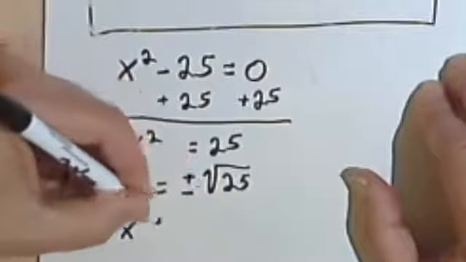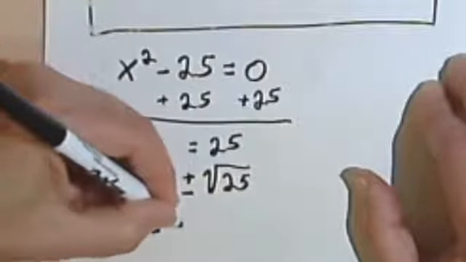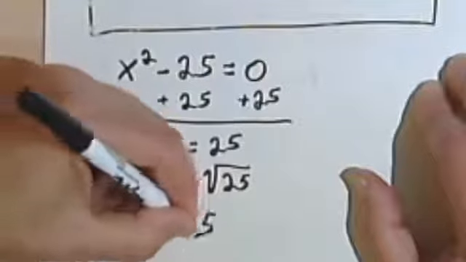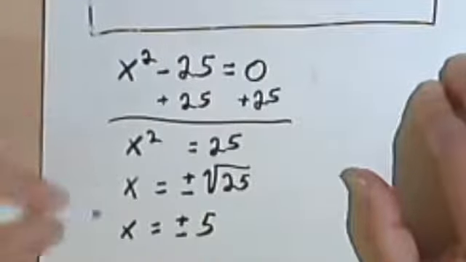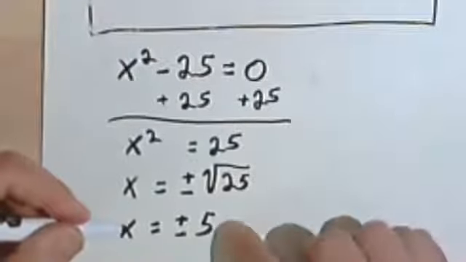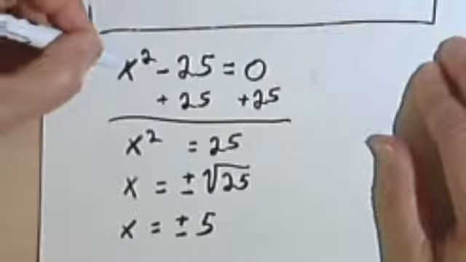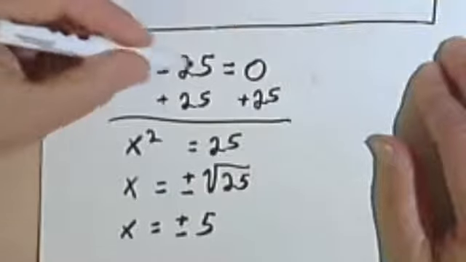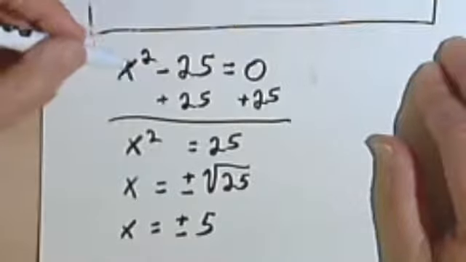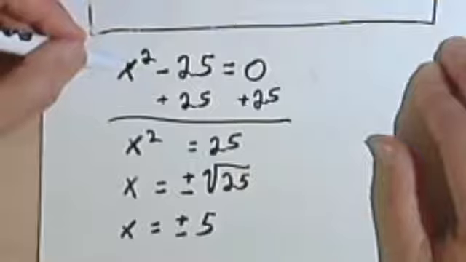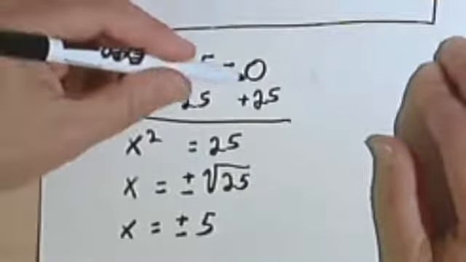Now the square root of 25 is 5, so I'm going to have x equals plus or minus 5. And if you plug both plus and minus 5 back into the original, you'll find they balance either way. So 5 squared is 25, minus 25 is 0. Negative 5 squared is 25, minus 25 is 0.